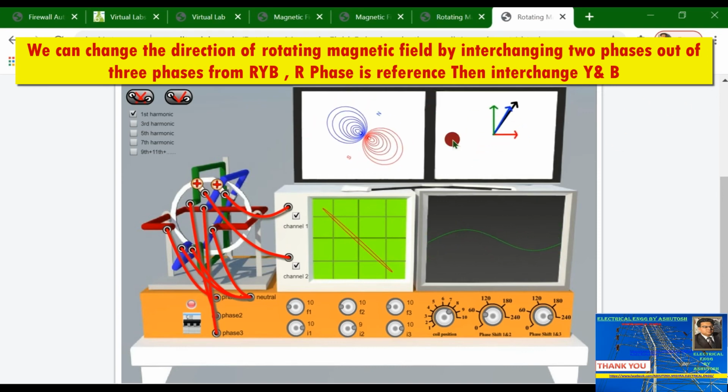It becomes anti-clockwise. And when you keep the phase shift at 240 degrees between first and second, and 120 degrees between first and third, then you can see the direction of the rotating magnetic field is changed, and it becomes clockwise. You can see, guys, this is the vector formation. The resultant vector is black.